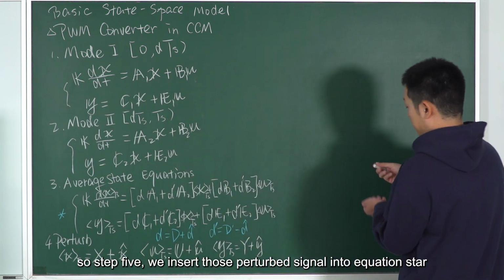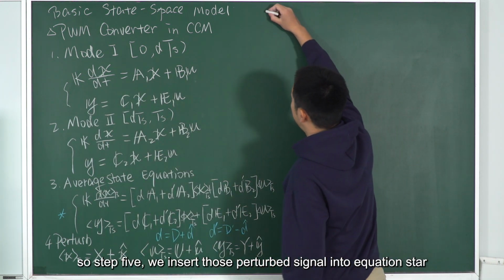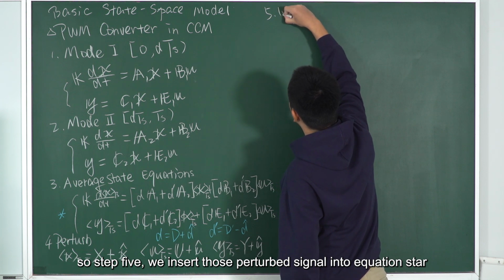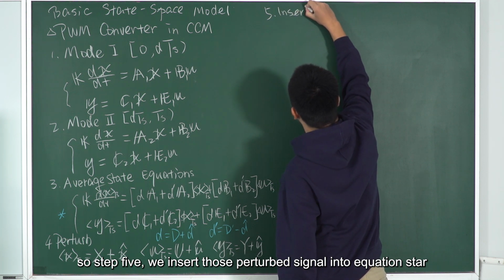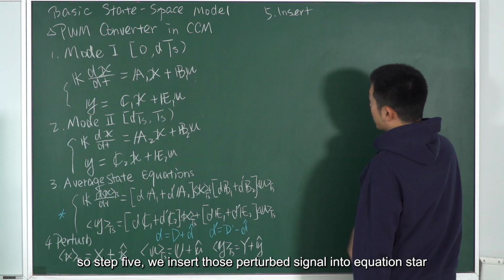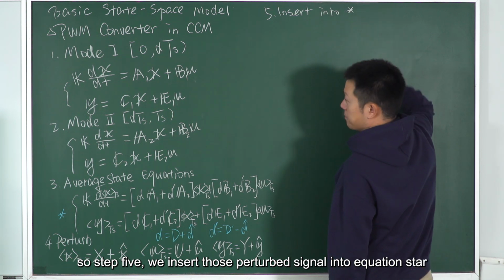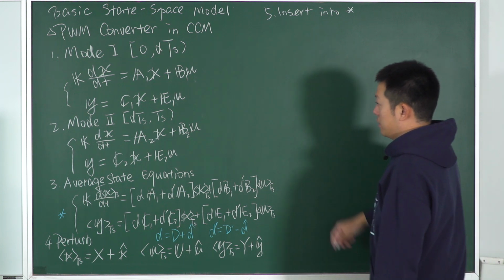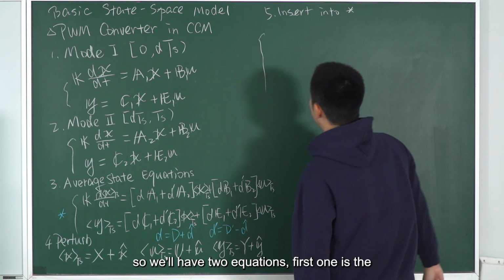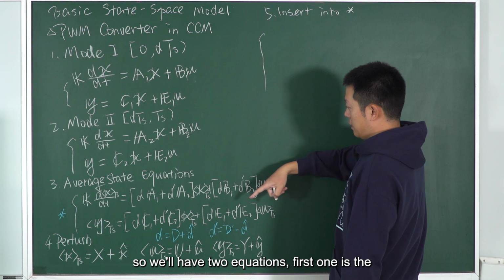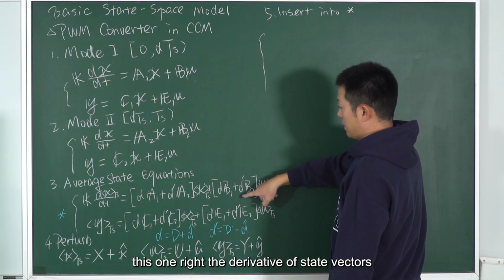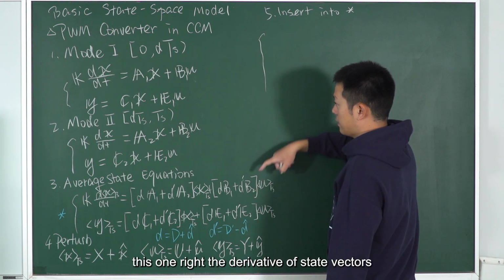So step 5, we insert those perturbed signals into equation star. So we'll have two equations. First one is this one, right? The derivative of state vectors.